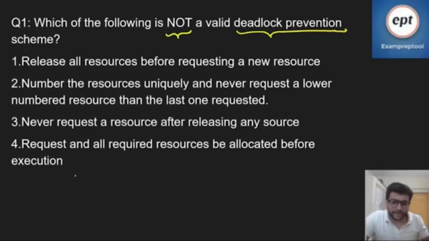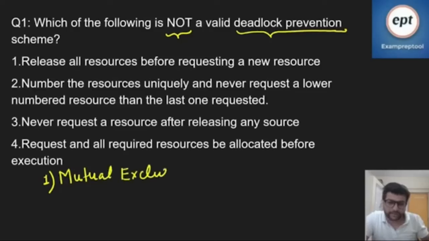So we know that there are four conditions which are necessary for deadlock to occur. What are those? First is mutual exclusion. The second is no preemption.